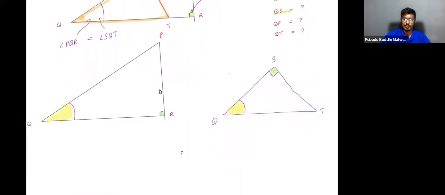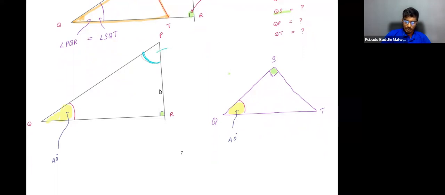Now let's suppose just a random value. I'm going to put a random value for this yellow colored angle, like 40. Then what can you say about these angles? First of all, this one, QPR.